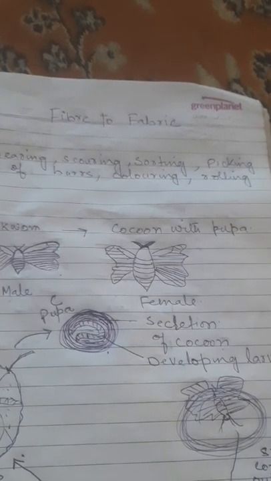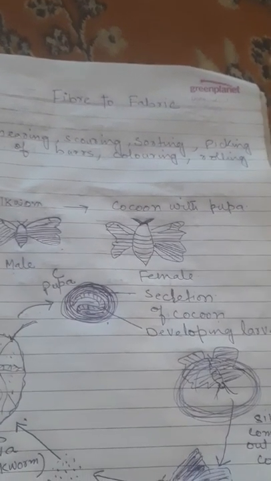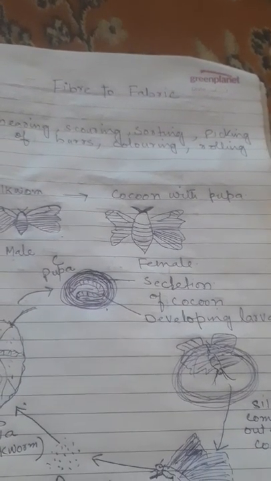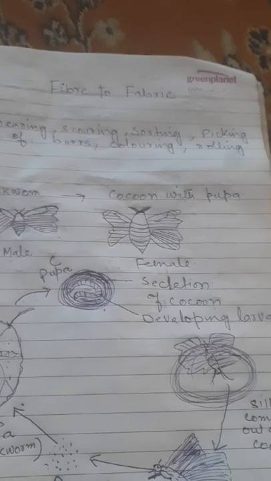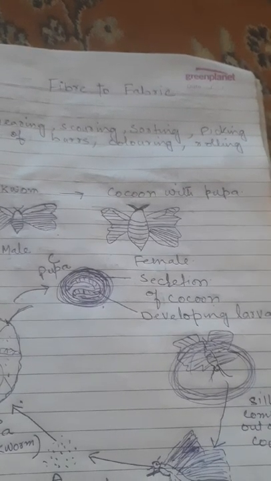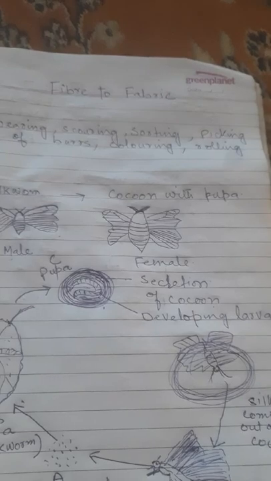Then question number 10: make sketches of the 2 stages in the life history of the silk moth which are directly related to the production of silk.